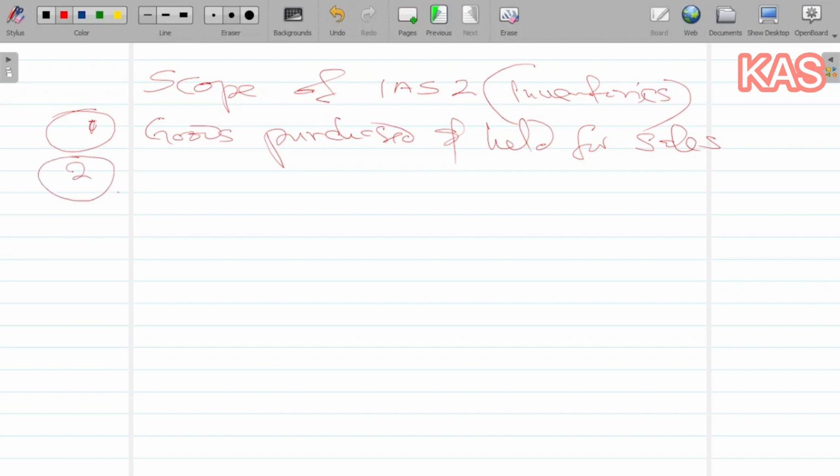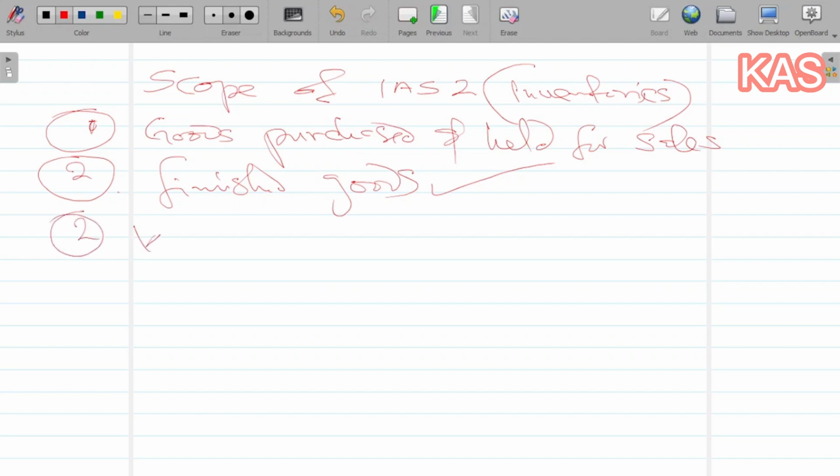Then we have finished goods. These finished goods are the goods that you transform from raw materials. You bought raw materials, you changed them into finished goods. You completed the process for selling. You want to sell them. So this one also is covered under IAS 2.